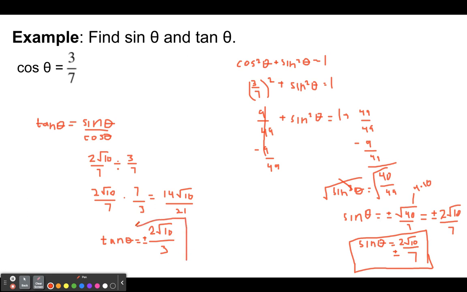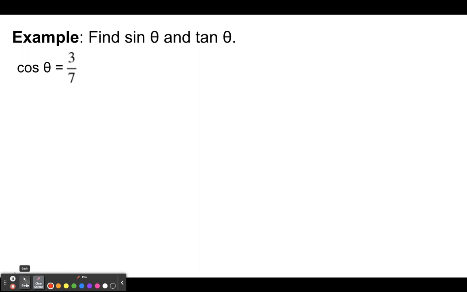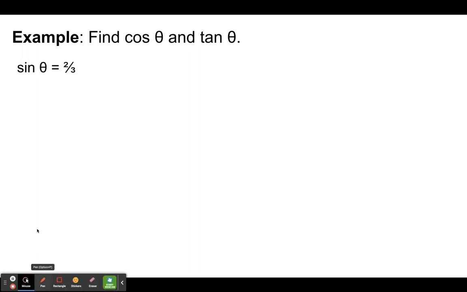And then one last one. I'm going to go ahead and clear this out. For this last one, now we are finding cosine of theta and tangent of theta. Okay, so again, keeping in mind our formula, cosine squared theta plus sine squared theta is equal to 1.